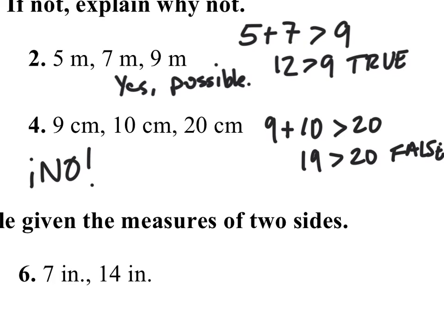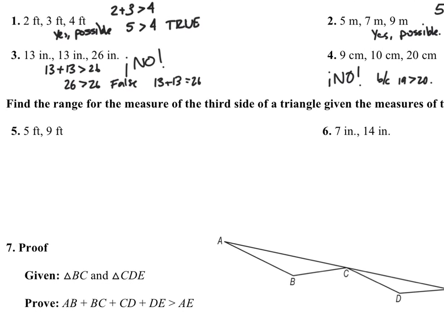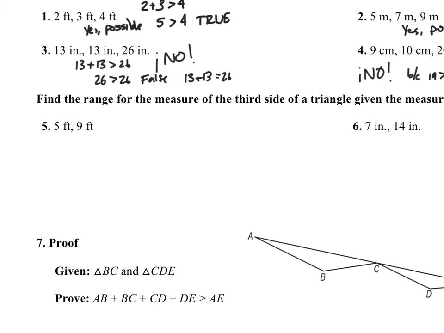Can't have a triangle. The reason is because 19 is less than 20. So this is your verification and your reasons why, but I still want an answer of yes or no. No.